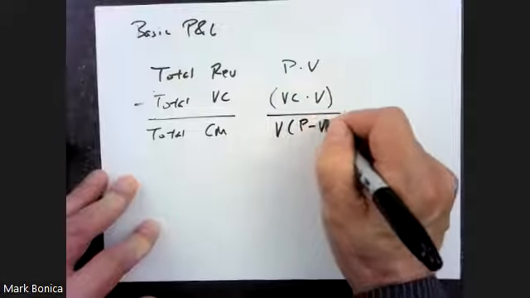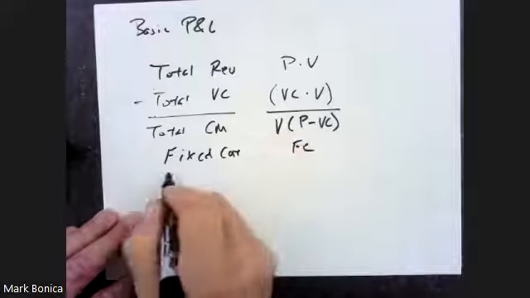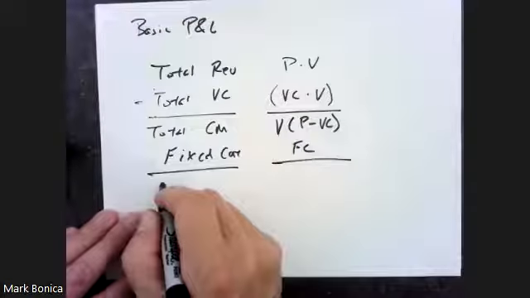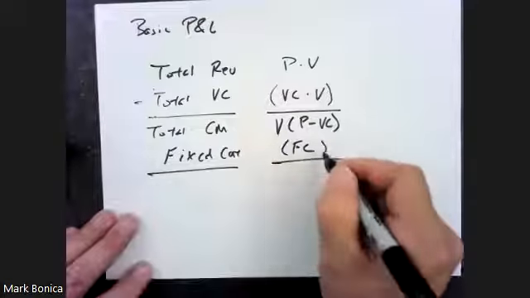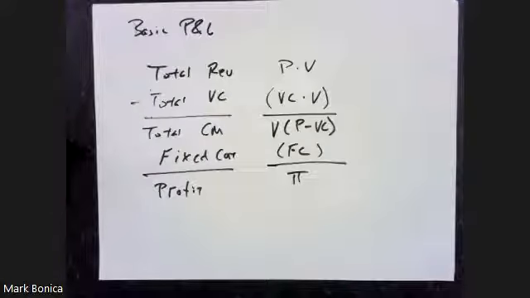Then we take away our fixed costs, and that gives us our profit. And this structure allows us to analyze how sensitive our organization is, how much we're bringing in each time we do a unit of care, and how sensitive our organization is to fixed costs.